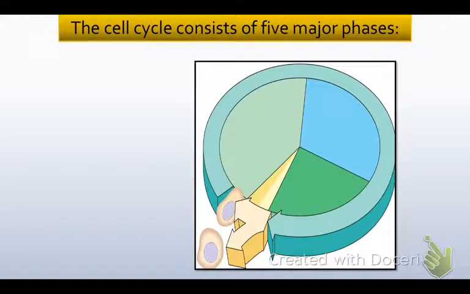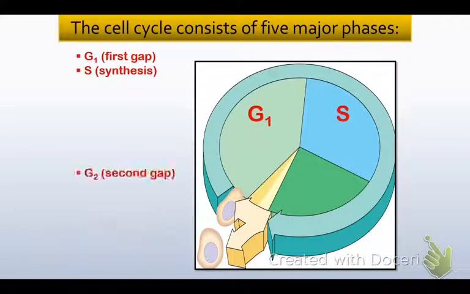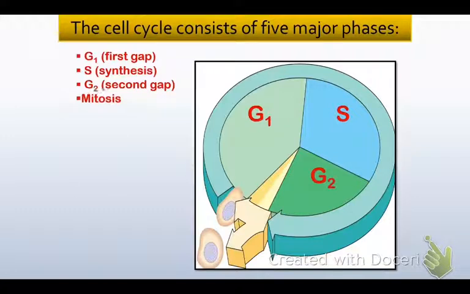The cell cycle consists of 5 major phases: G1, which is first gap, S, which is synthesis, G2, which is second gap, and mitosis. You can see mitosis is really the smallest part of the cell cycle.